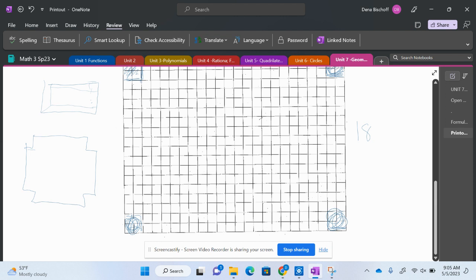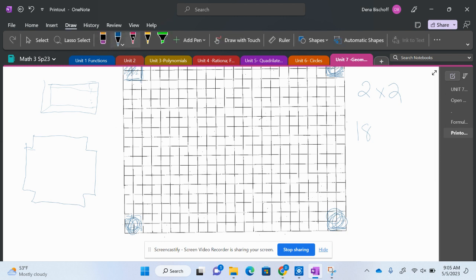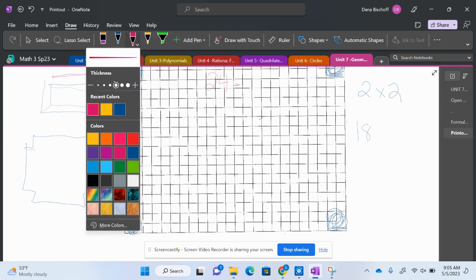So we then said, okay, if the original dimensions of our graph paper are 24 by 18, what size square did you cut out? Well, I cut out a 2 by 2. So that's going to be the next blank that you fill in. What are the dimensions now of your open box? If I think about my open box going this way, it started out as 24, but I cut off 2 inches from each side.